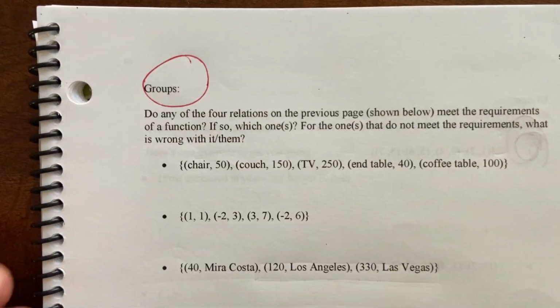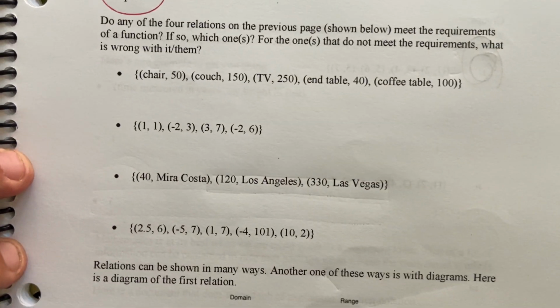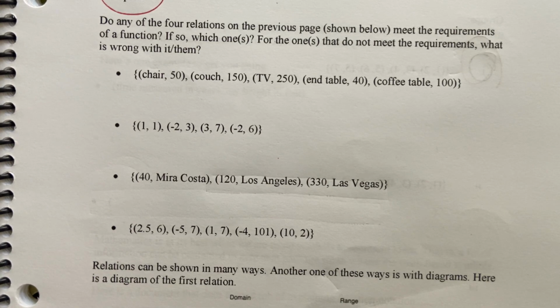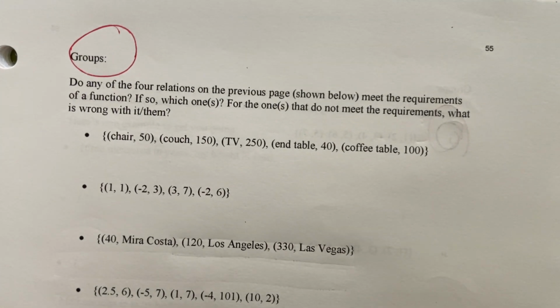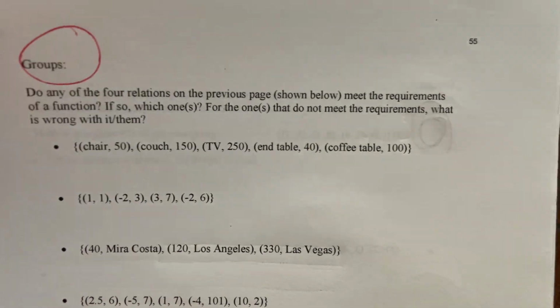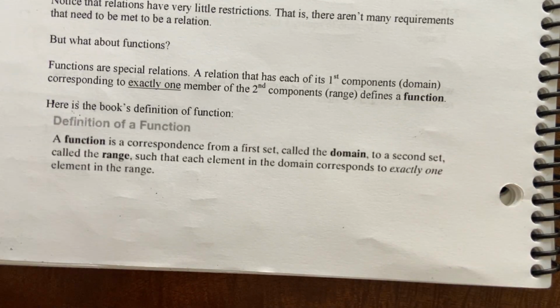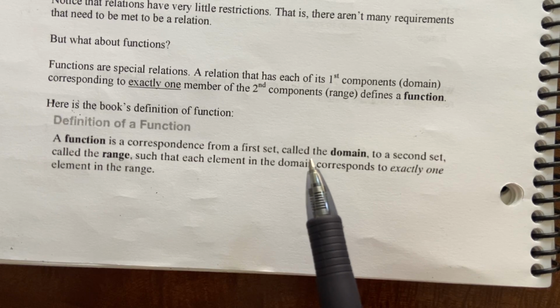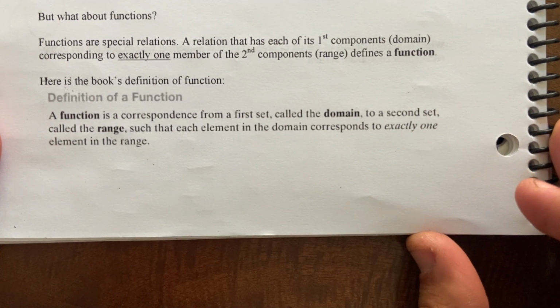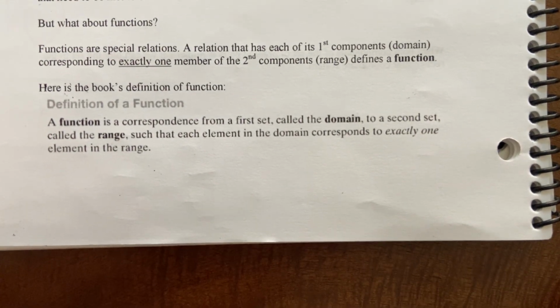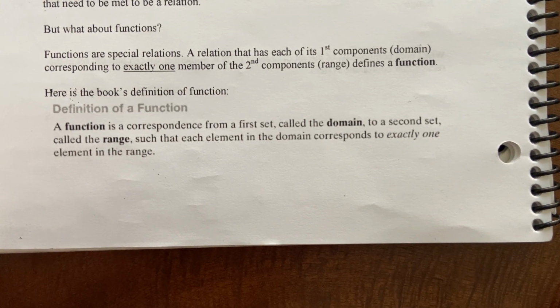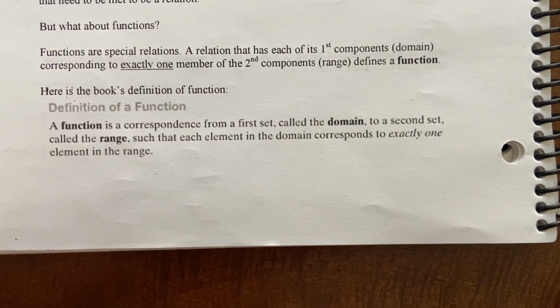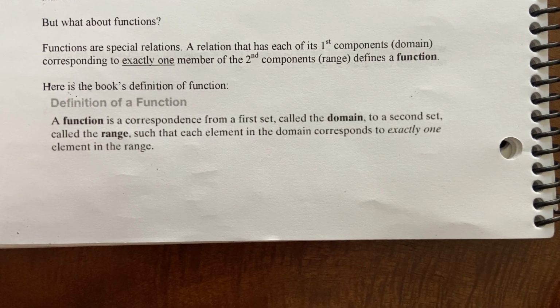Let's talk about the domain and range of these relations over here, and then we'll define what it means to be a function. So a function, as I've defined it over here, is a correspondence from a first set, called the domain, to a second set, called the range, such that each element of the domain corresponds to exactly one element of the range.